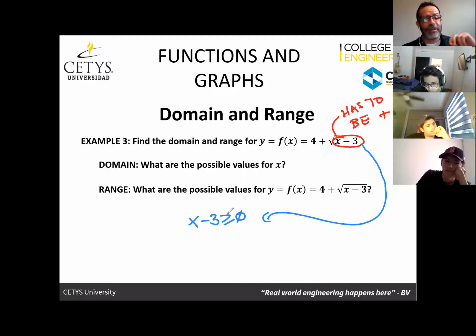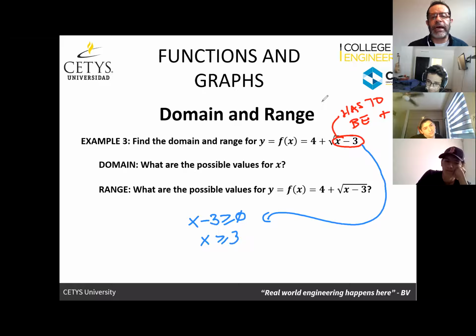This is very important, you guys, because I always have this trouble when we're working with functions with first semester students. A square root can be 0. It can't be negative. So x minus 3 has to be larger than or equal to 0. That means that x has to be larger than or equal to 3, right?